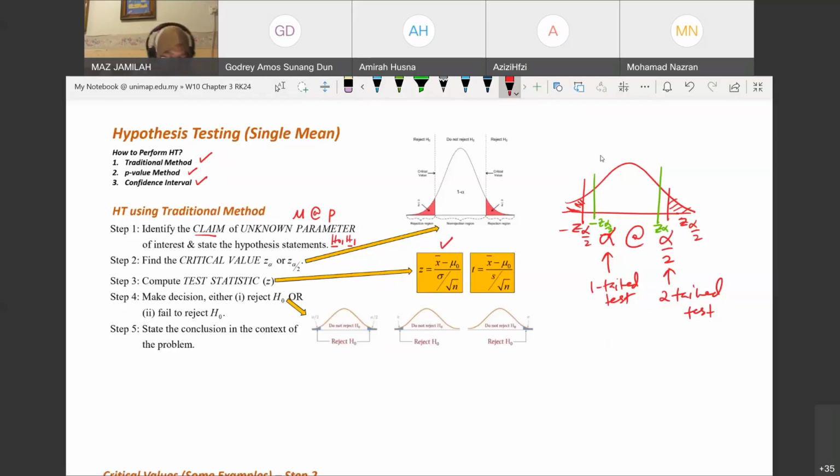And the fourth step is making the decision, whether you will reject the null hypothesis or fail to reject the null hypothesis. We will see how we can use information from the second and third steps in order to make the decision in the fourth step. And finally, once you know that you will reject or fail to reject the null hypothesis, only then will you make your conclusion at the end of your process.